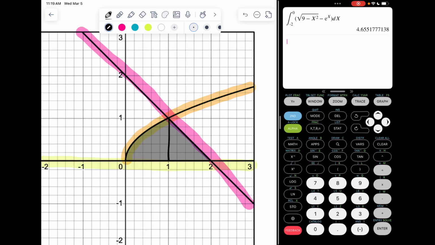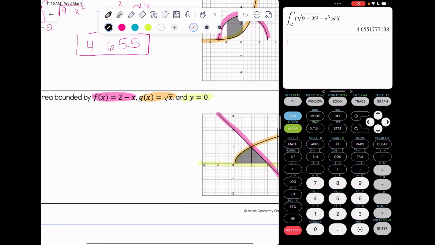That's because the top function is changing at x equals 1. So in order to compute this, the first section is from 0 to 1, upper function minus lower, and then we're going to add that to the next one from 1 to 2, upper function minus lower, and then we're going to evaluate.